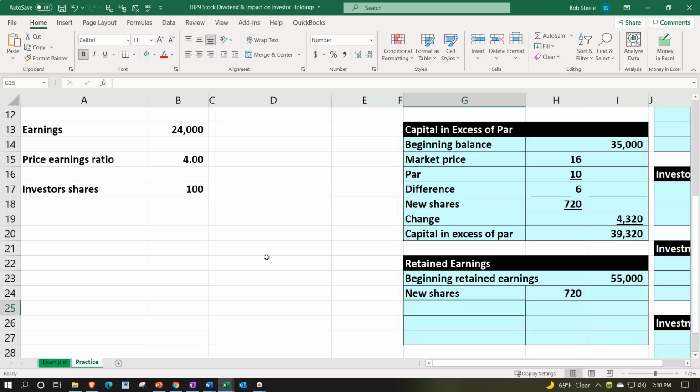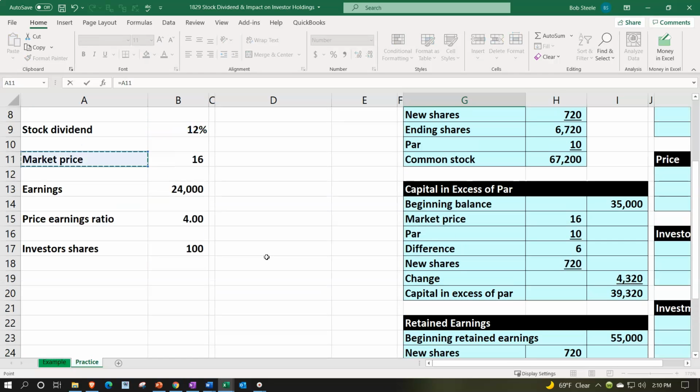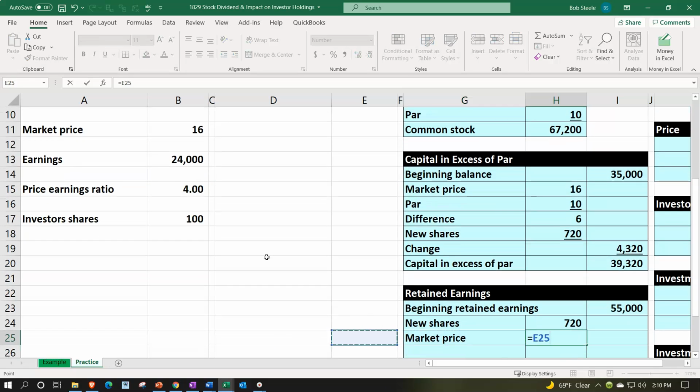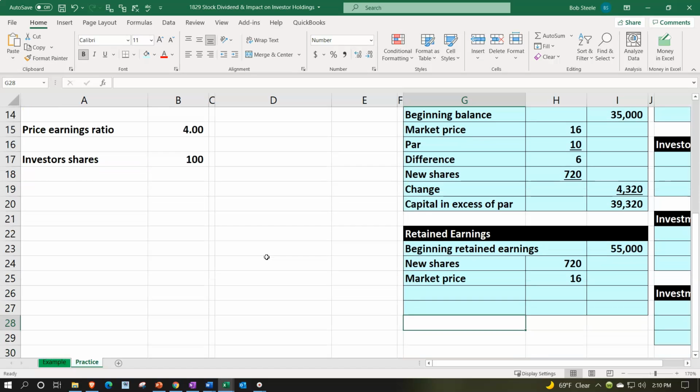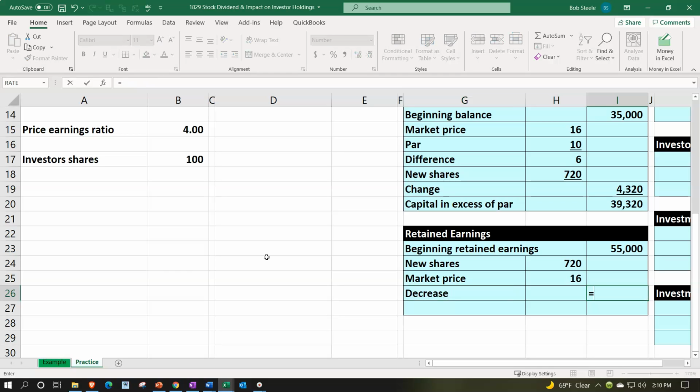And if we then look at the market price determined by the market, which was 16, that resulted in a decrease in retained earnings from the distribution of the stocks at a value of 16 at the 720 times 16, decrease 11,520.